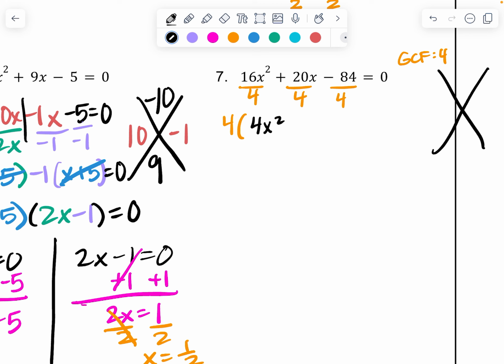So 4x squared plus 5x minus 21 equals 0. So now I'll set up my x puzzle. 4 times negative 21 is negative 84. And we have 5 on the bottom. So my solution to this x puzzle would be 12 and negative 7.